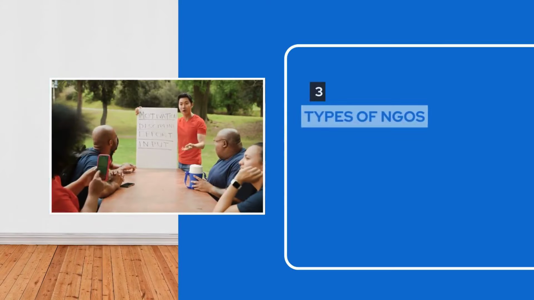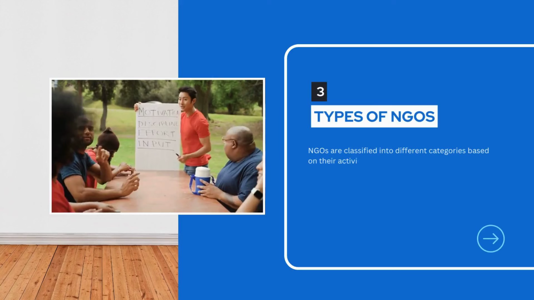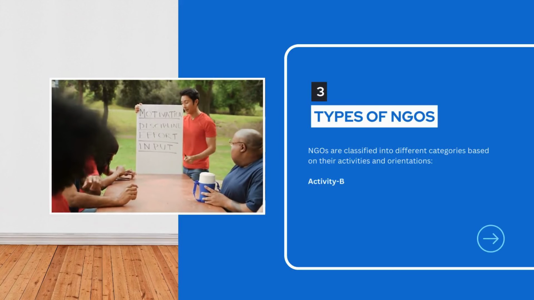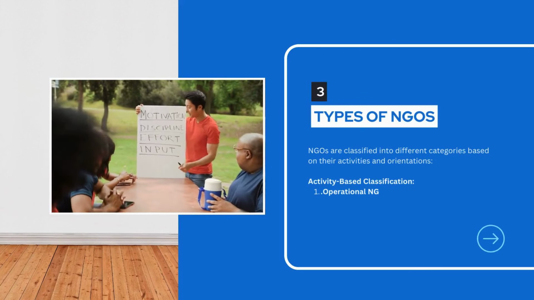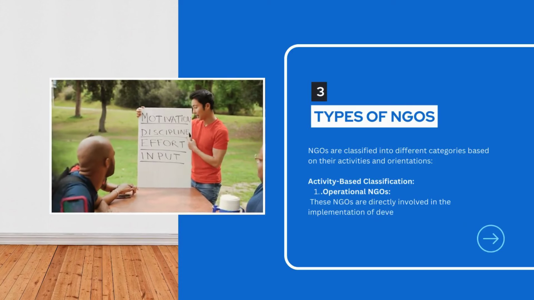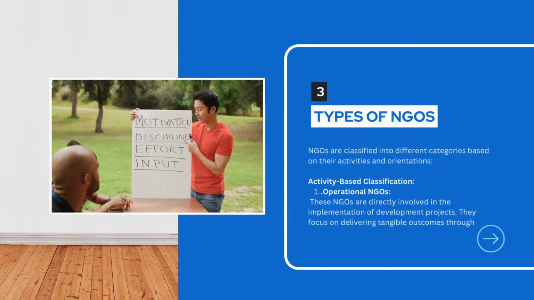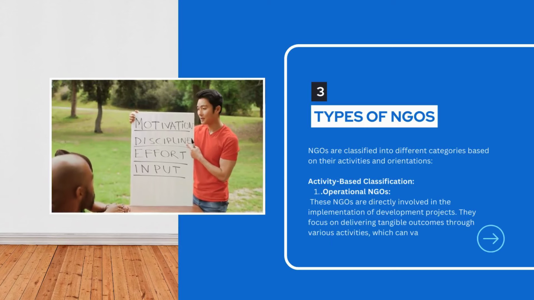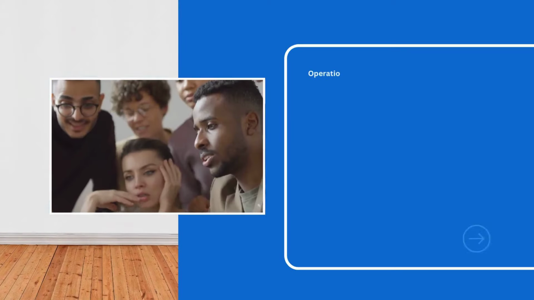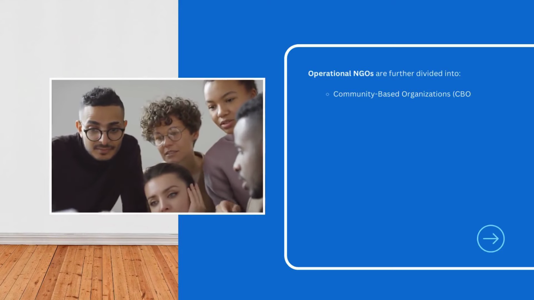The third section is types of NGOs. NGOs are classified into different categories based on their activities and orientations. Activity-based classification. 1. Operational NGOs. These NGOs are directly involved in the implementation of development projects. They focus on delivering tangible outcomes through various activities, which can vary in scope. Operational NGOs are further divided into community-based organizations, CBOs.